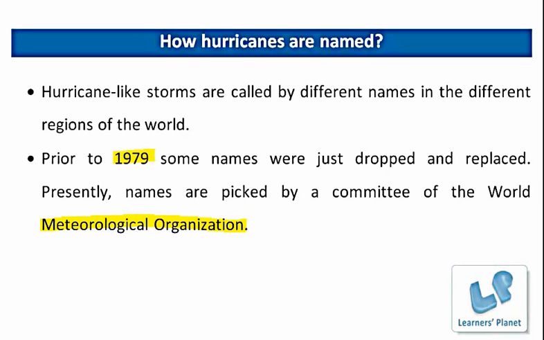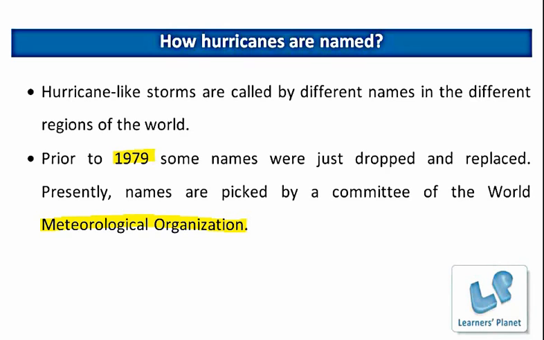From 1950 to 1952, tropical cyclones of the North Atlantic Ocean were identified by the phonetic alphabet. But in 1953, the US Weather Bureau switched to women's names.